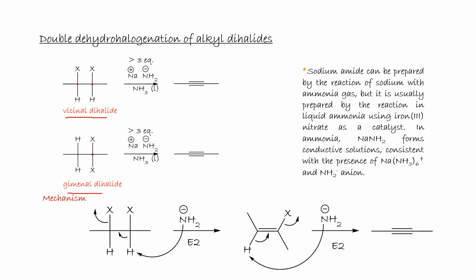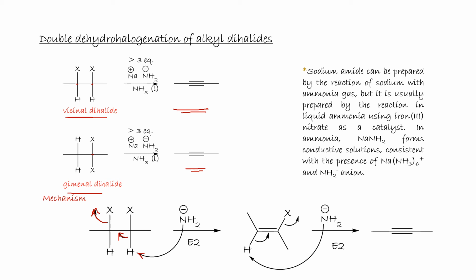If we treat these compounds with excess sodium amide, alkynes are the product via E2 mechanism. So the first molecule of amide acts as a base, abstracts hydrogen, forming a double bond, ejecting halide ion.